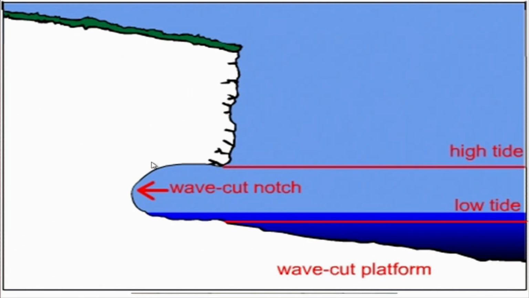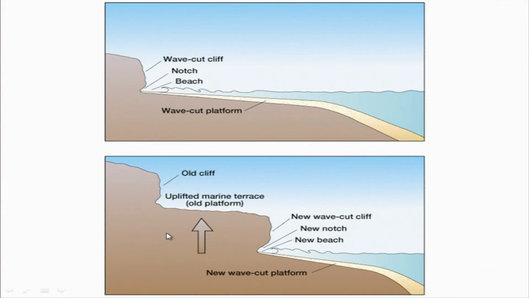High tide reaches up to this one, and this remains the mean tidal level, and this is the low one. The low tide keeps on eroding this portion, the high tide keeps on eroding this portion. So this arc or C shape is formed because of the erosion, and the bottom portion here is termed a wave cut platform.